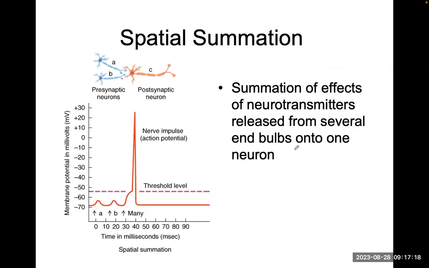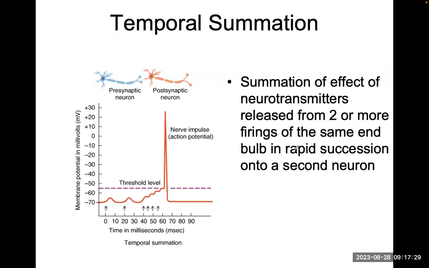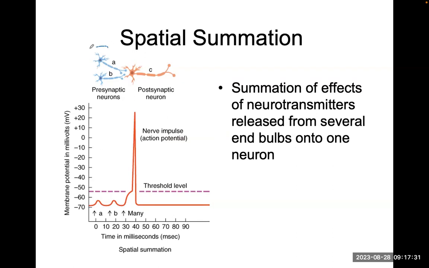In terms of the speed of impulses, we have spatial summation and temporal summation. So let's take a look at what the difference is. Look at the pictures alone, right? So if you look at here and we focus here, we have many presynaptic neurons firing on one, and that's spatial summation.